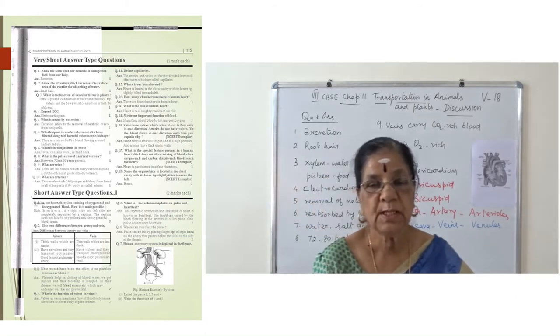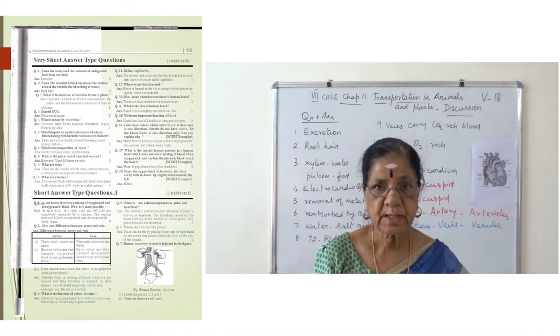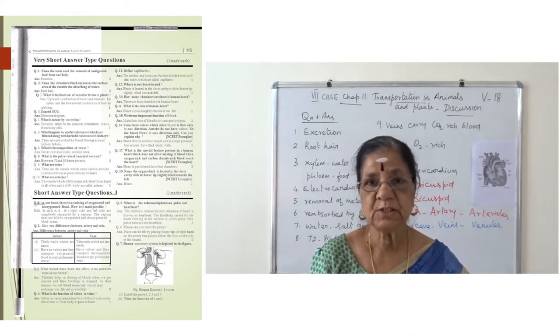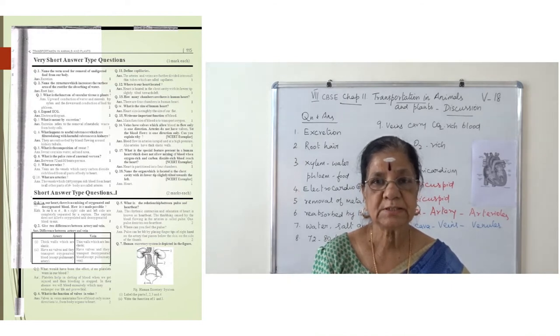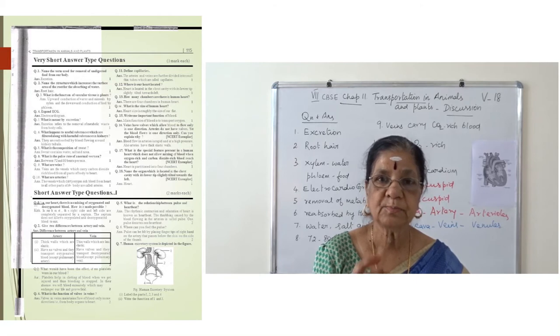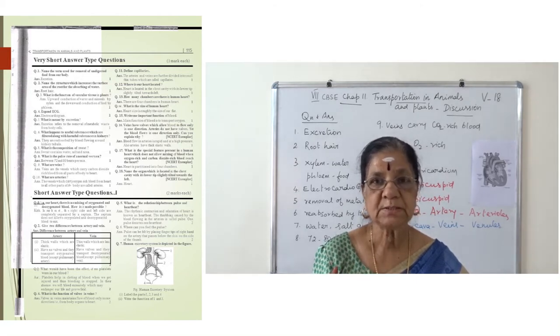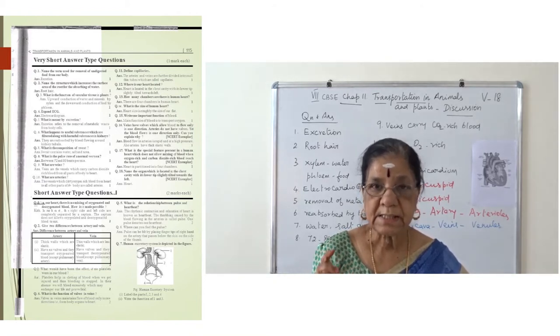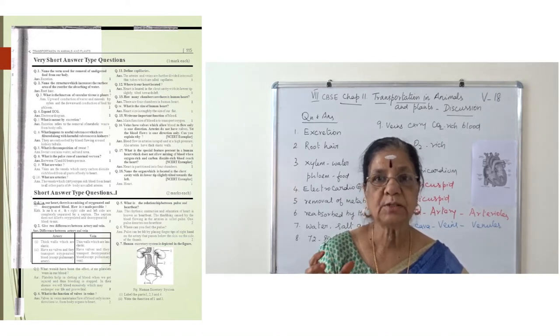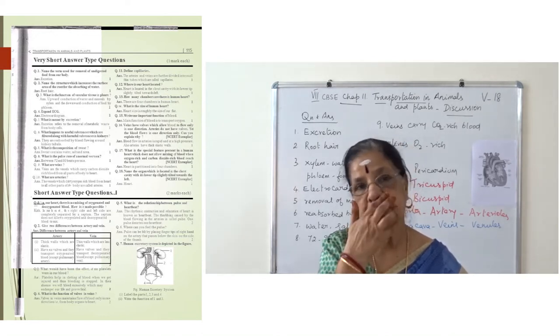What have we studied? In the kidney, nephrons are the structural and functional unit of the kidney. Nephrons are formed of a cup-shaped Bowman capsule containing glomerulus, and that glomerulus in turn is formed of afferent and efferent arterioles, and that will excrete the urine.